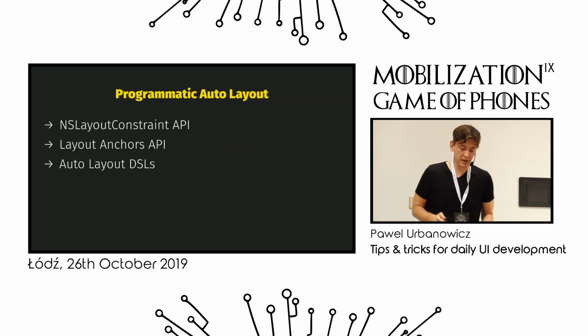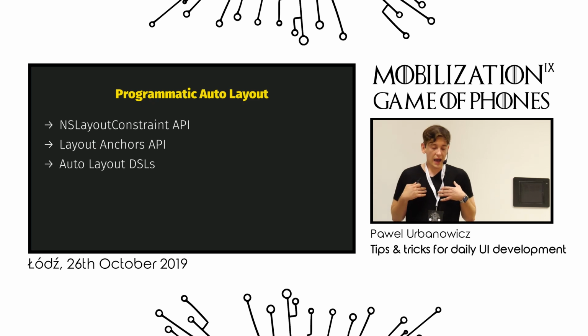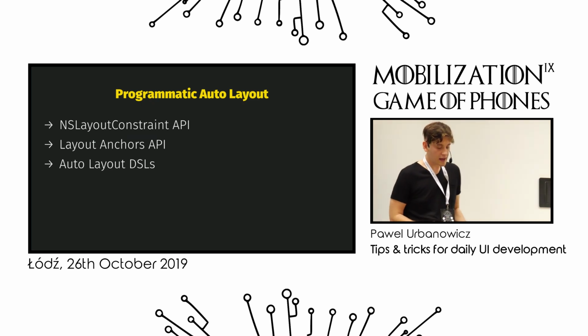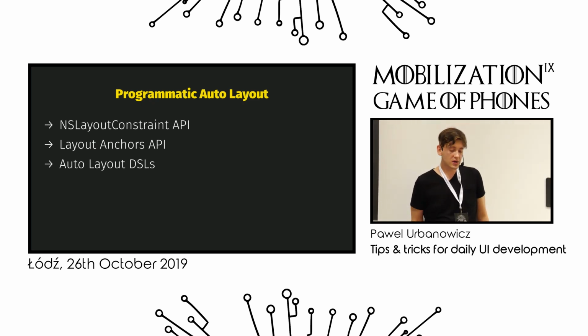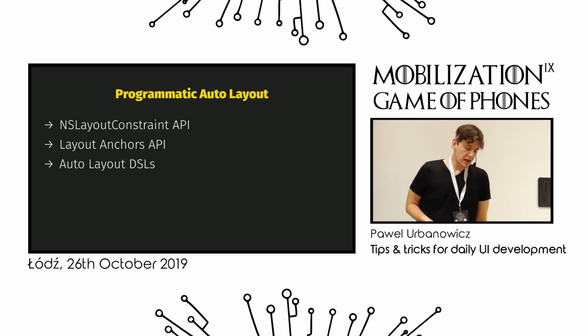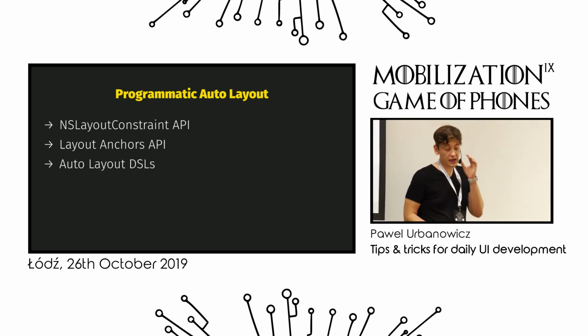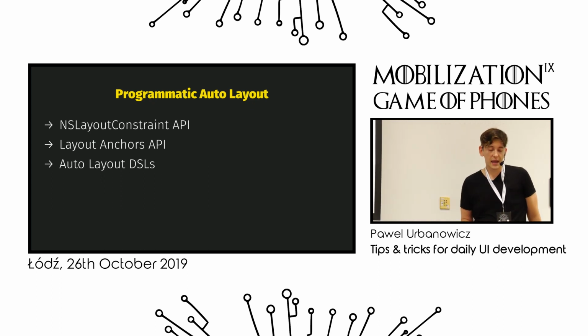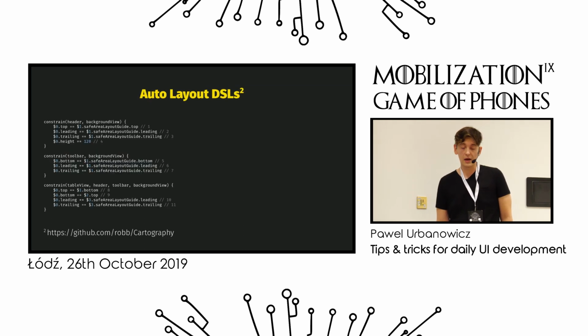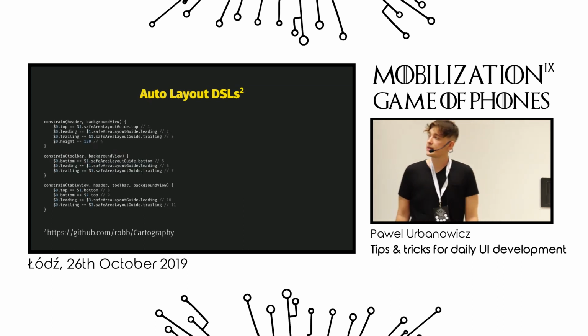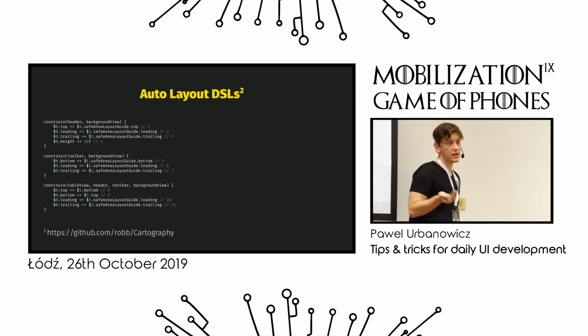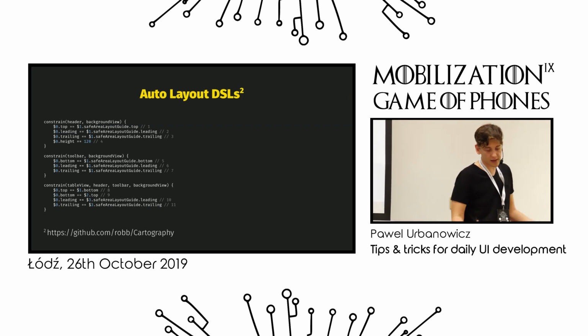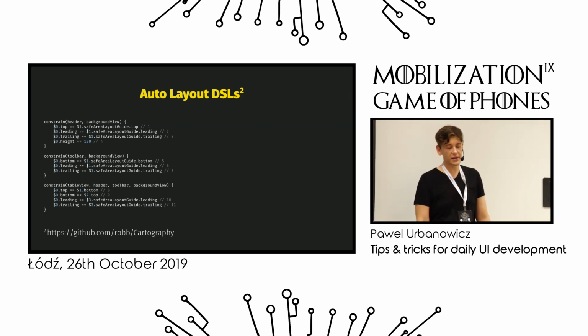The approach I am using towards creating constraints in my apps is auto layout DSLs, which means domain-specific languages. Those domain-specific languages are tools that reduce the verbosity of constraints even further by simplifying repetitive tasks. And my favorite example of such a tool is Cartography. Cartography is a framework you can just import into your project, and here you can see an example of constraints created with Cartography.